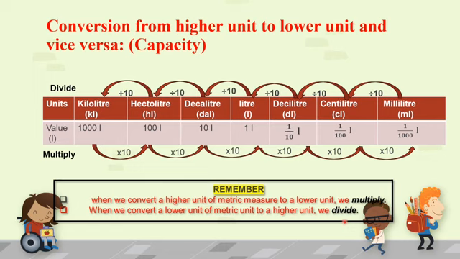So remember HLM: higher to lower, you multiply. And LHD: lower to higher, you divide.